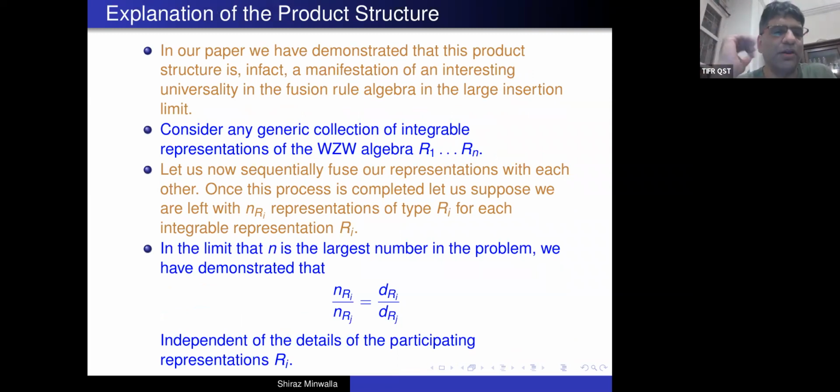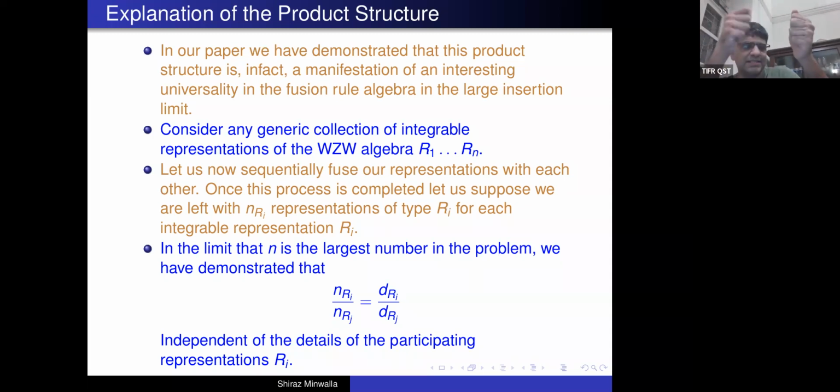Something we establish in our paper is the following. There is a remarkable universality of the fusion rules of Wess-Zumino-Witten theory in the limit that the number of characters that you insert is very large. In this limit, the following happens. Suppose you fuse n1, n2, n3, n4, up to nm representations of Wess-Zumino-Witten theory at level k.